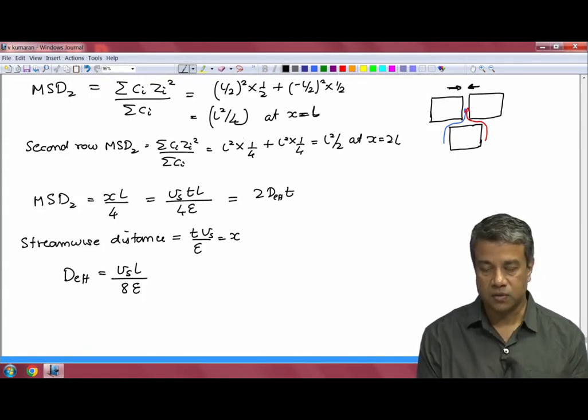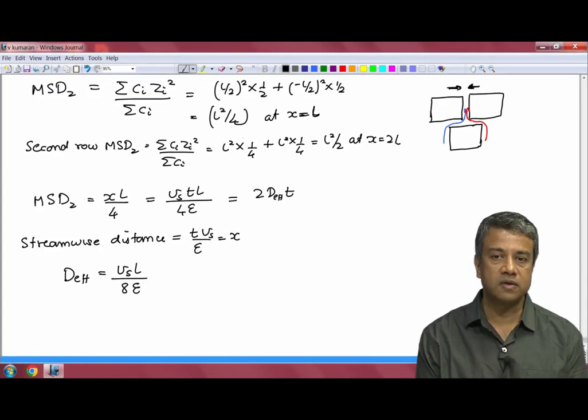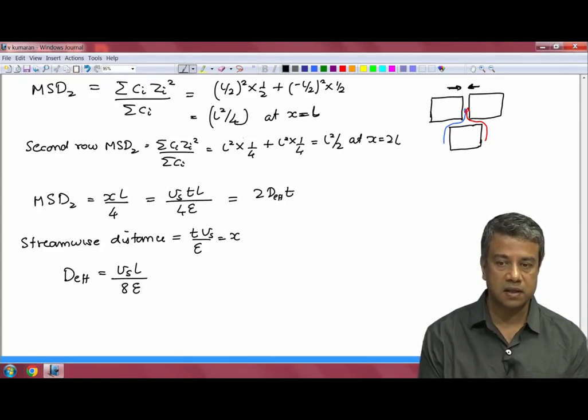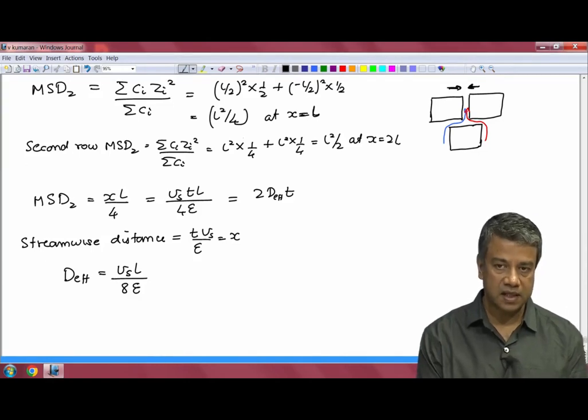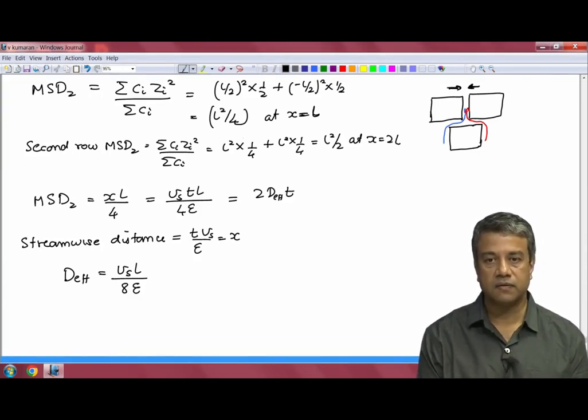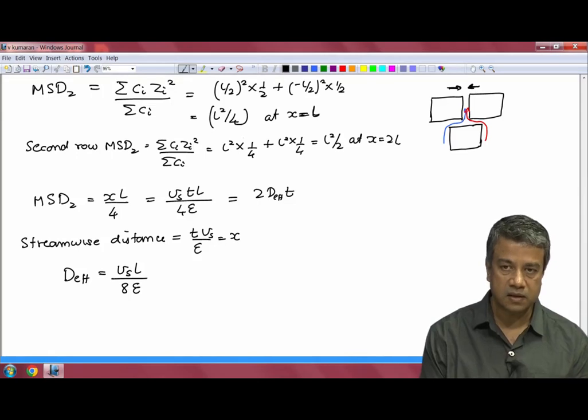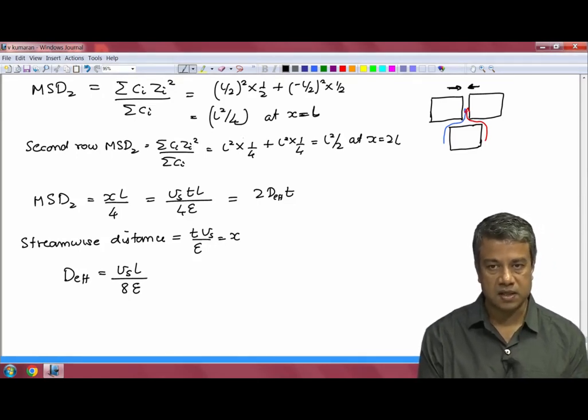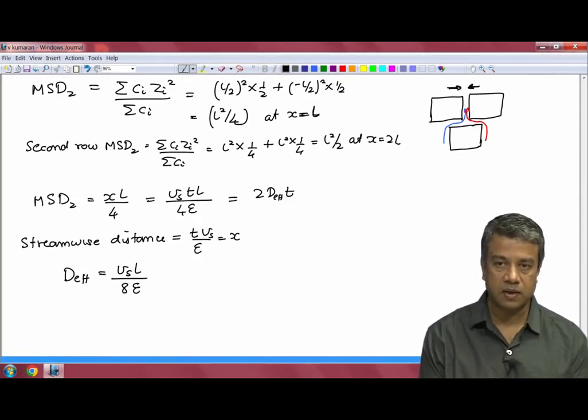Okay. So, basically it is not necessary for diffusion to take place over the particle diameter scale. It is sufficient for diffusion to take place across the pore size, or the distance between obstacles.